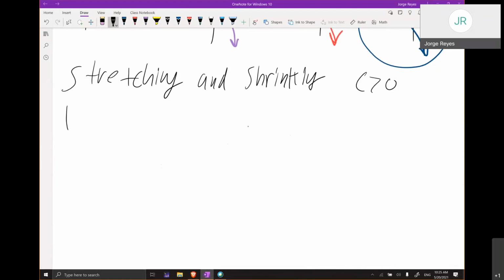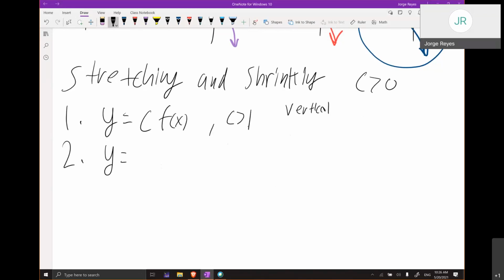So stretching and shrinking is what happens when you multiply by numbers. If I multiply a number on the outside and the number is bigger than 1, that is a vertical stretch by C units.